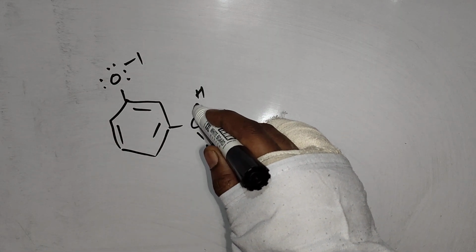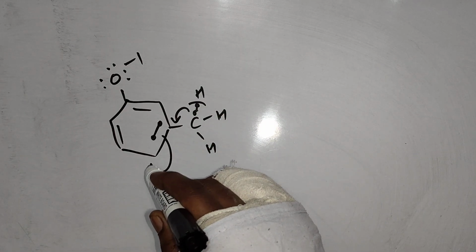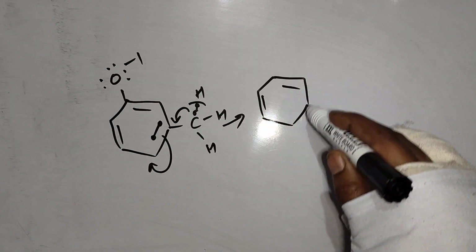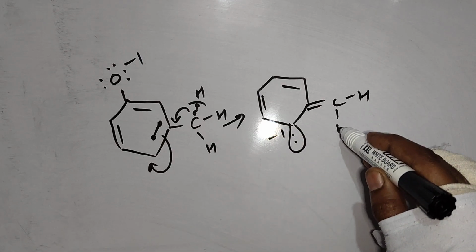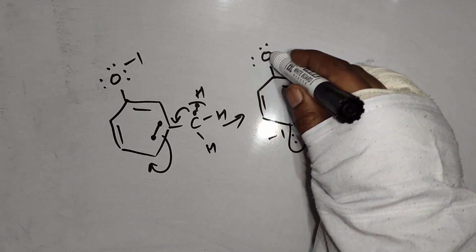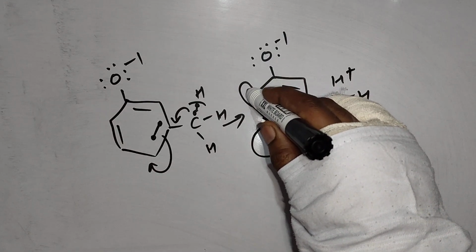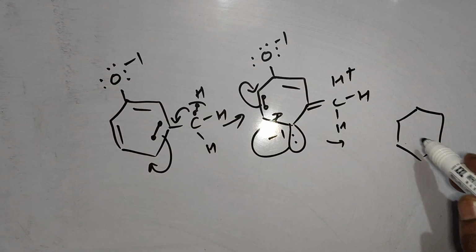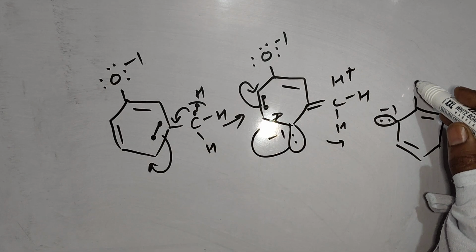Let's apply hyperconjugation from meta position. These pi electrons will move to the next carbon. These pi electrons will go to the next carbon. Double bond here, rest molecule as it is, no change.